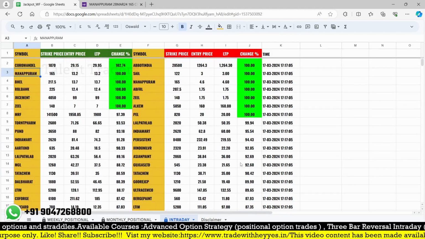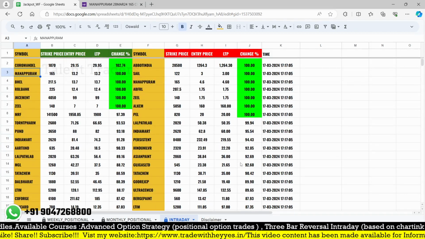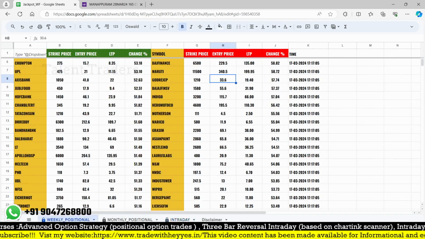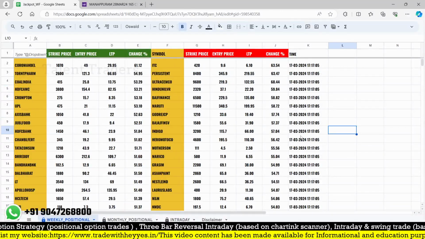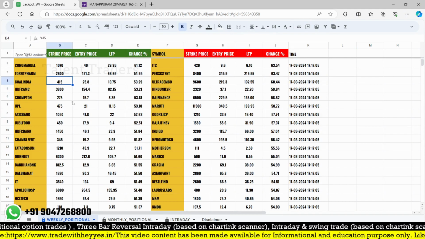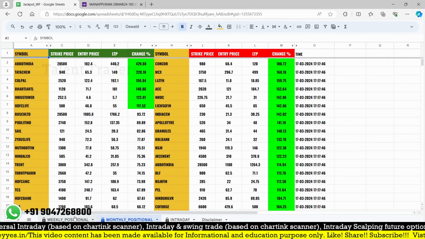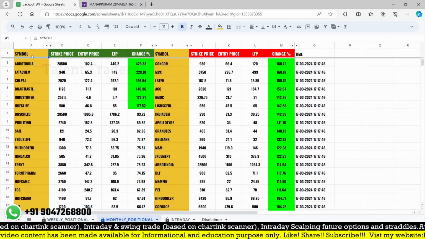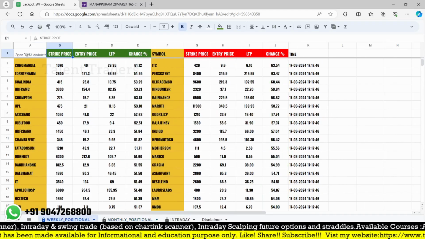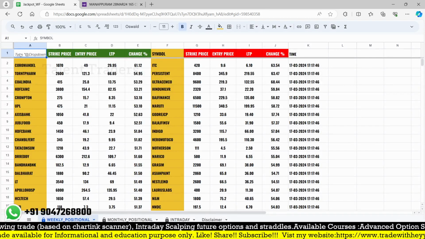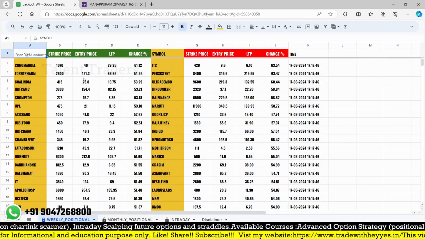Those who are subscribed to this Google sheet can track it, and you will easily find one or two opportunities. As of now, the weekly sheet is also perfectly updated. Monthly still remains the same, it never gets changed.